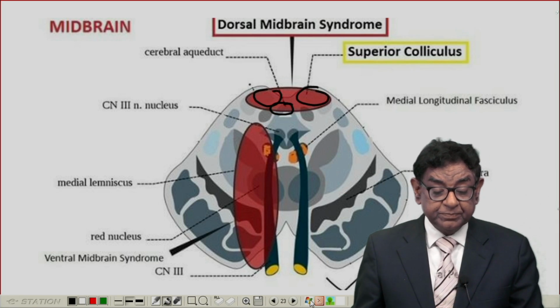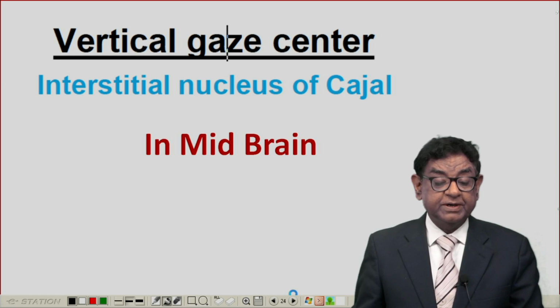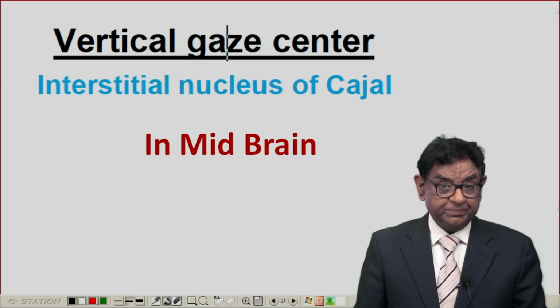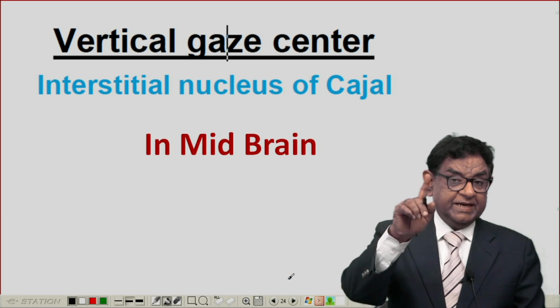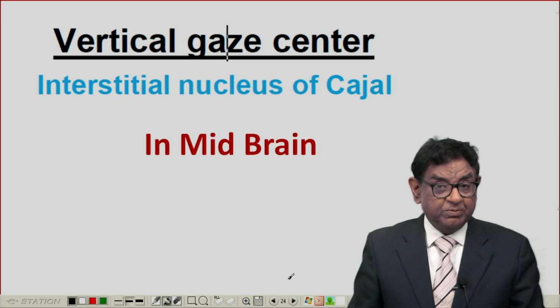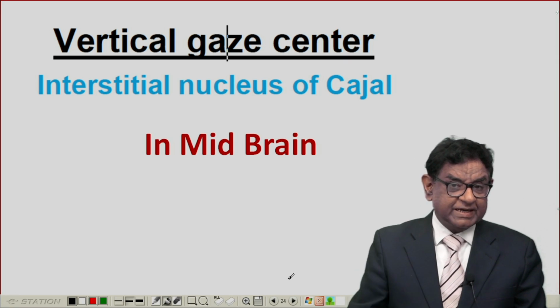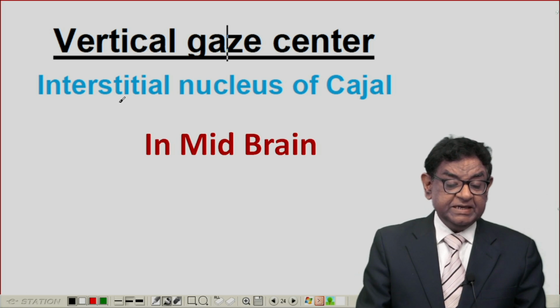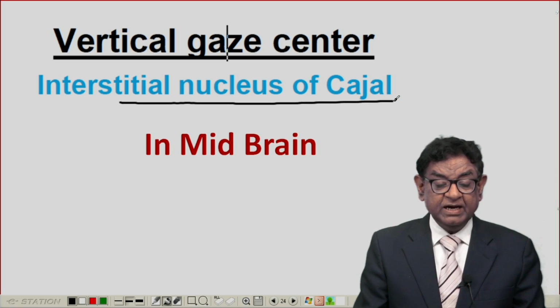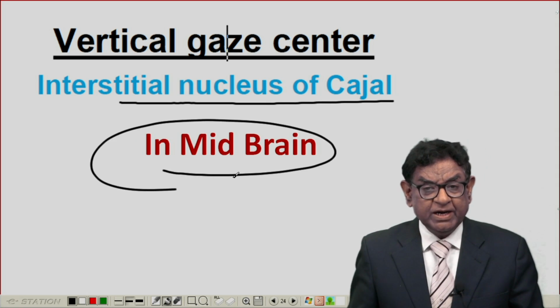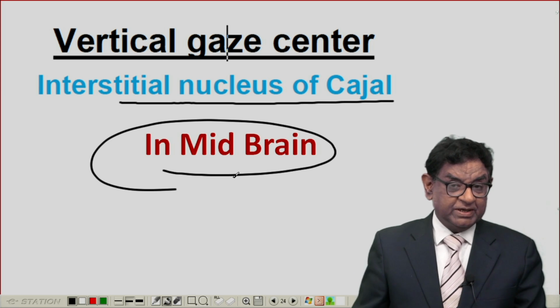And why is it so important? Well, when we talked about locked-in syndrome, I told you vertical gaze is normal. Remember, in locked-in syndrome, the lesion was in the pons. But why was vertical gaze not affected? Because the vertical gaze center is the interstitial nucleus of Cajal, and this lies in the midbrain. That's why in locked-in syndrome, vertical movement was not involved.